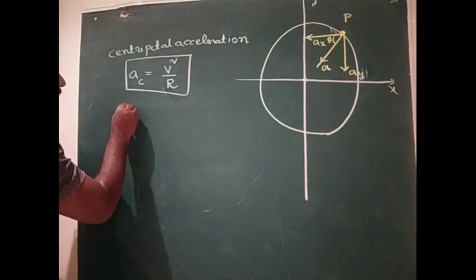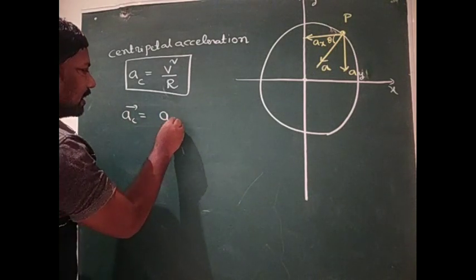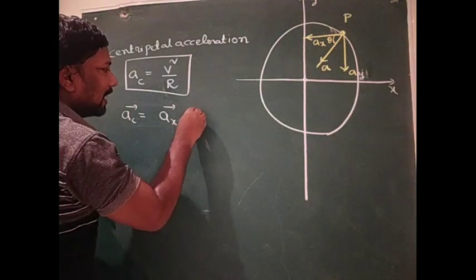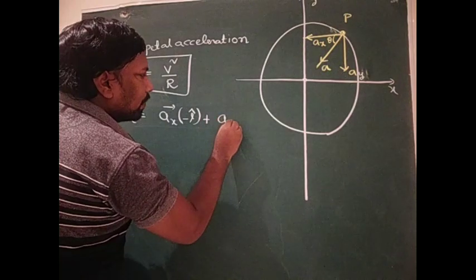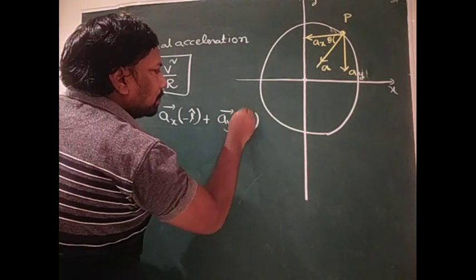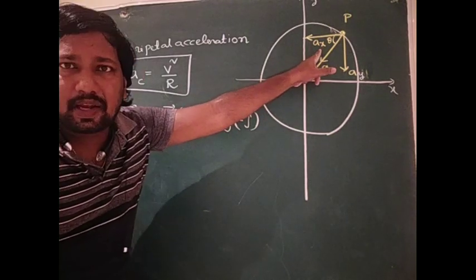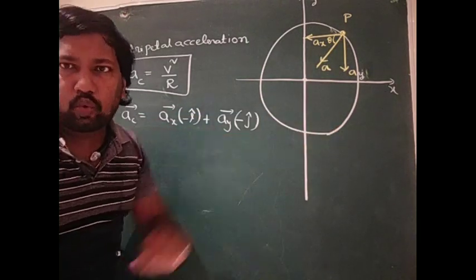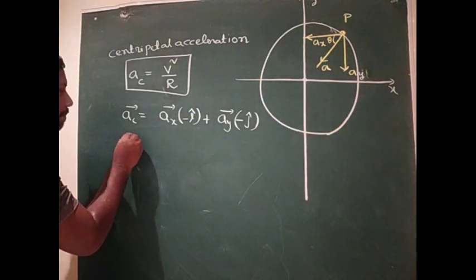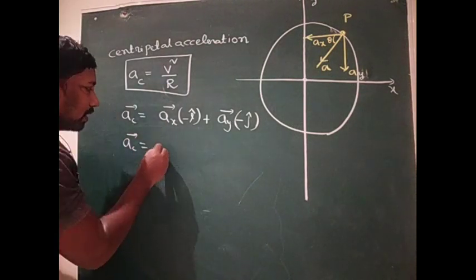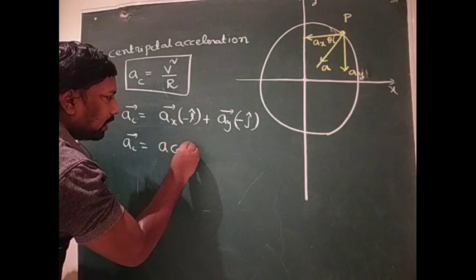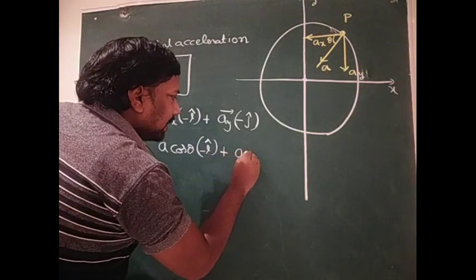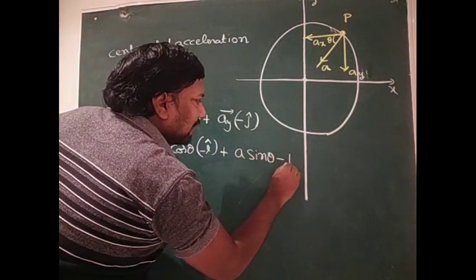AC bar equals Ax bar minus i cap plus Ay bar minus j cap, because Ax is along the negative x-axis and Ay is along the negative y-axis. So AC bar equals A cos theta minus i cap plus A sin theta minus j cap.